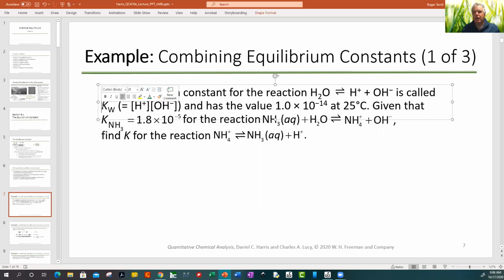For water, the product of the H plus and OH minus concentrations is always equal to Kw. So if you make a solution acidic by raising the H plus ion concentration, the OH minus concentration drops, such that the product of these two is always about 1.0 times 10 to the minus 14.